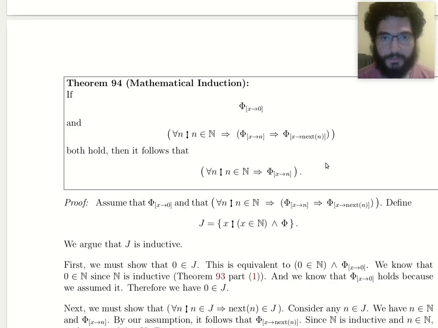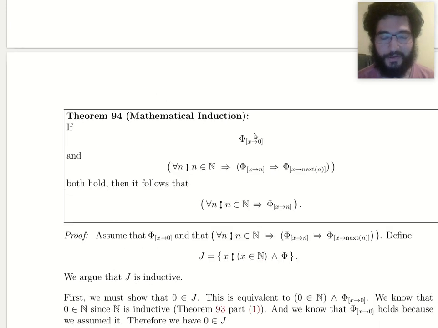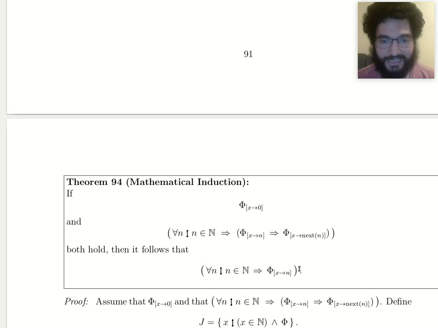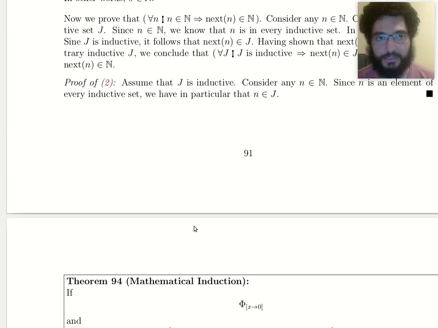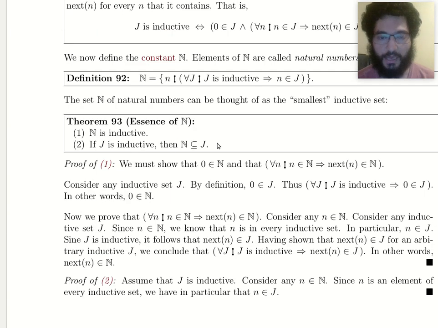But let me just make a comment about it that everyone will see. The proof of theorem 94, the proof that mathematical induction works, is going to make heavy use of theorem 93. That's where the definition of the natural numbers comes in, right? Theorem 93 uses definition 92. That's where this stuff matters.